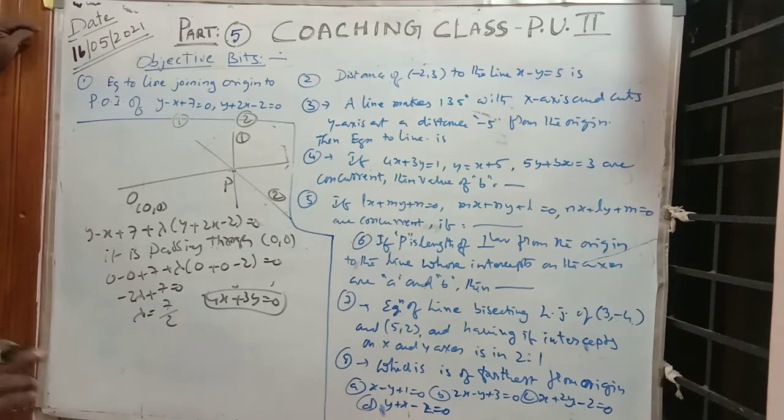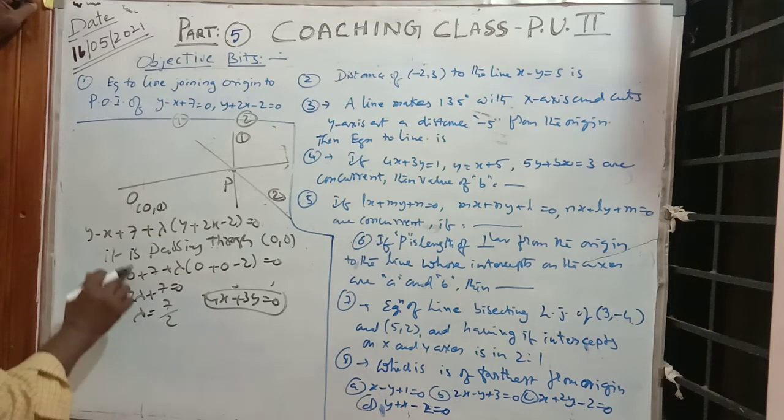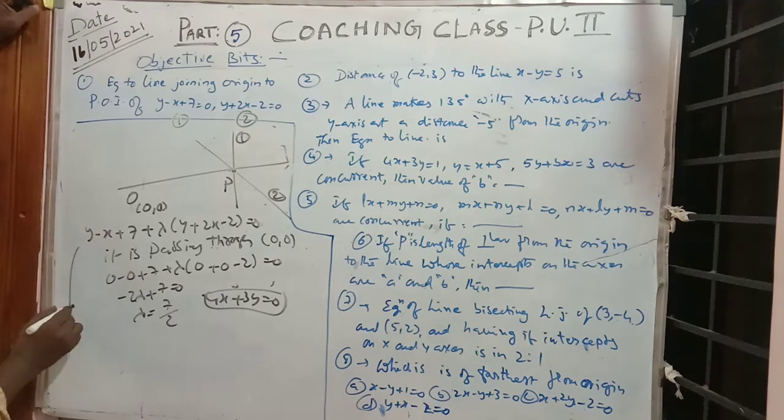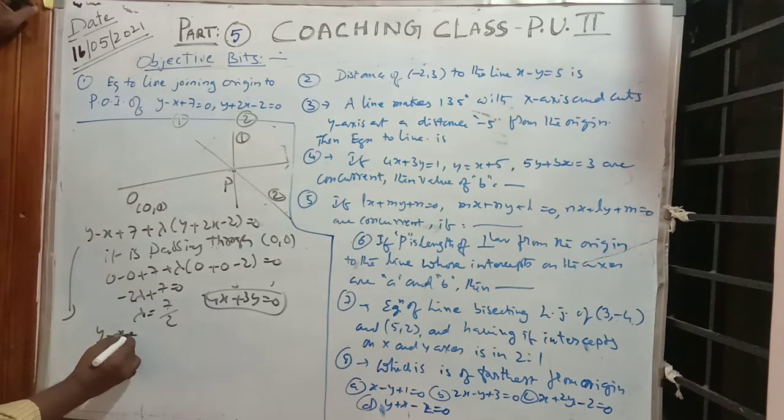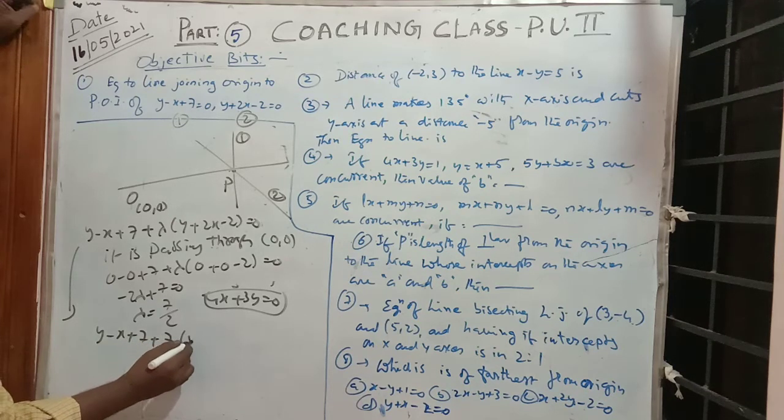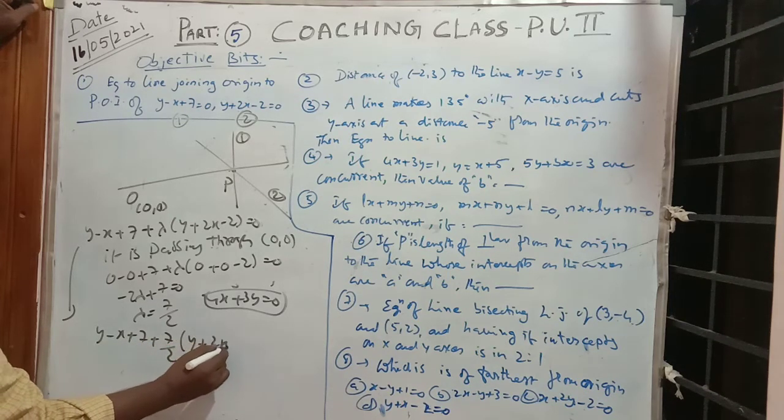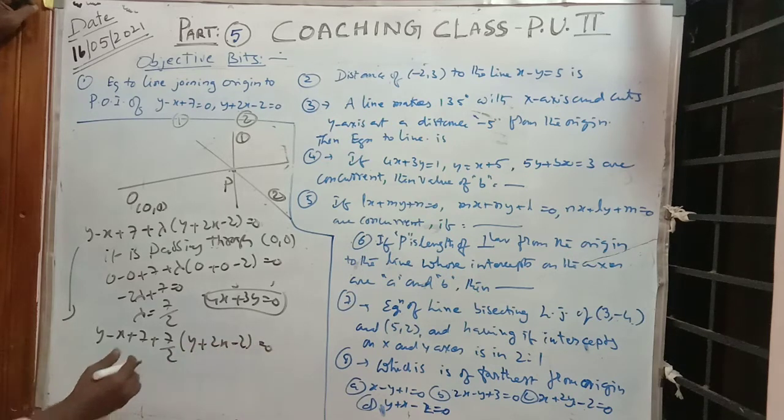The lambda is not asked. Now we substitute the lambda value in this equation to get the line: y minus x plus 7 plus 7 by 2 of y plus 2x minus 2 is equal to 0.